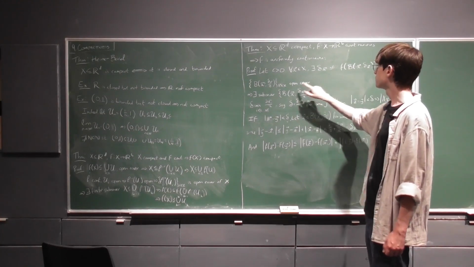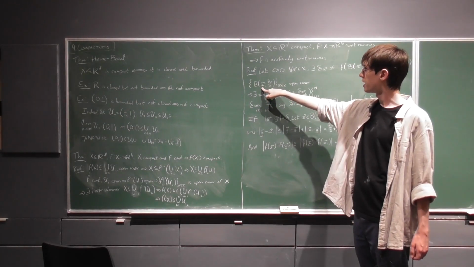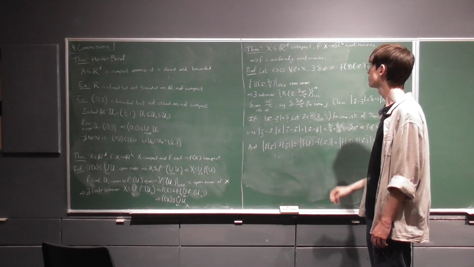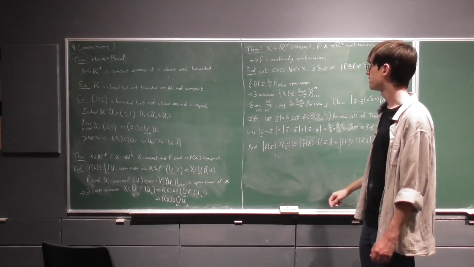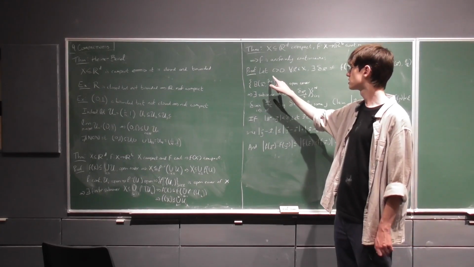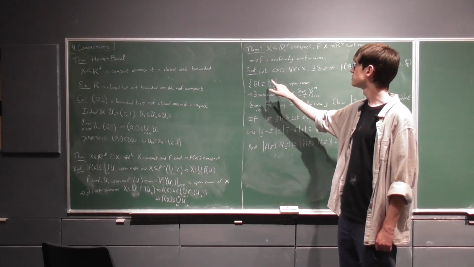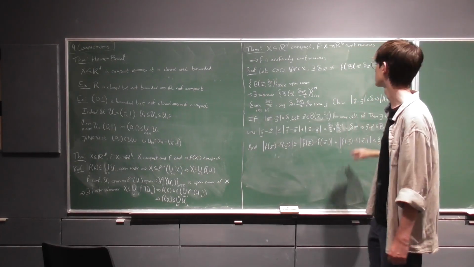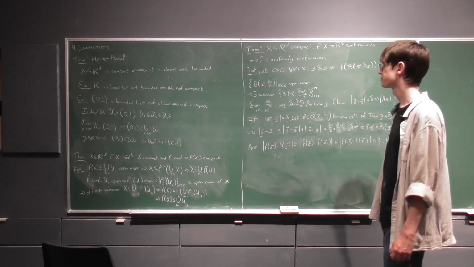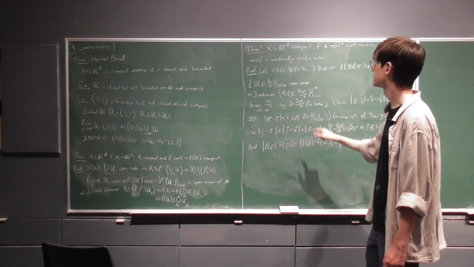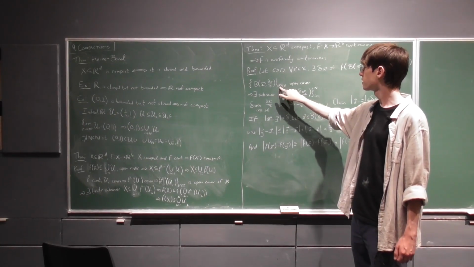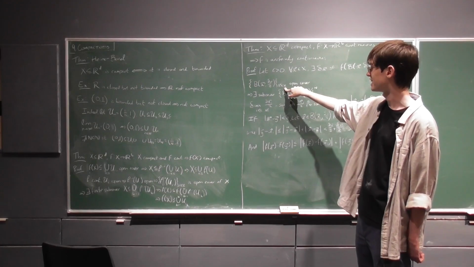So each one of these balls forms an open cover of x, and in fact we can just take the radius to be delta x over 2, and that'll hopefully become obvious in a second as to why we've done that. Here we have x as our indexing set.